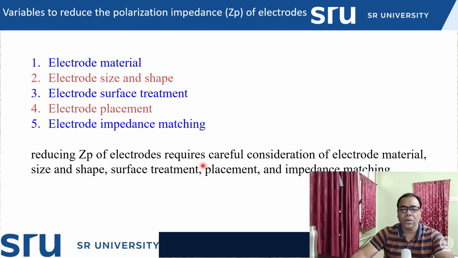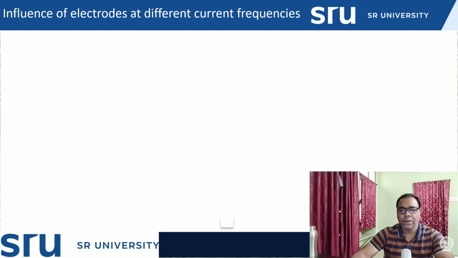For reducing impedance of the electrode, we require careful consideration of the electrode materials, shape and size, surface treatment, placement and impedance matching. These are very, very important factors.